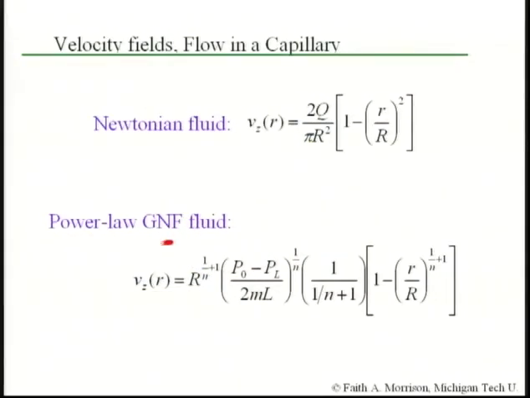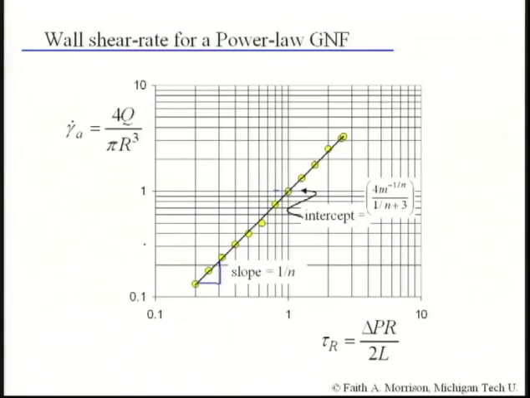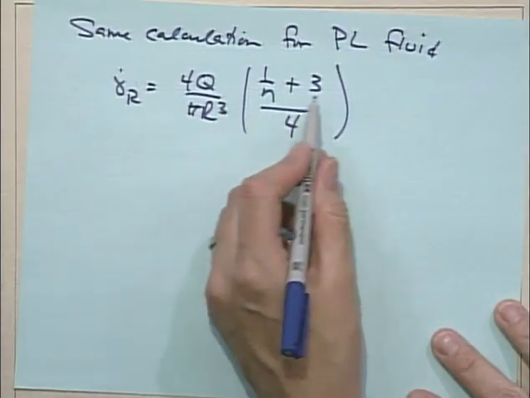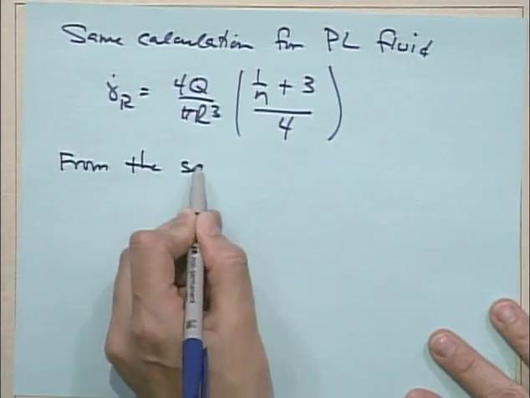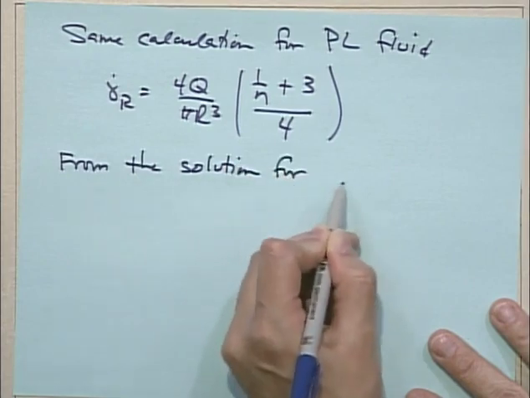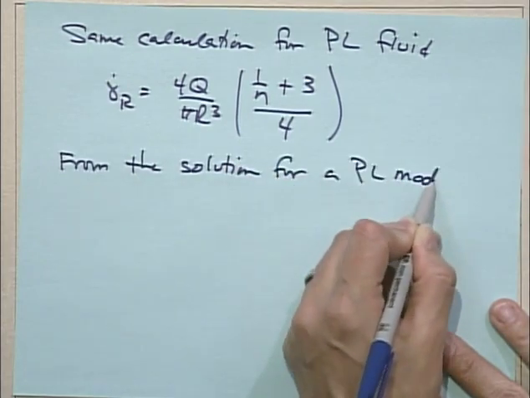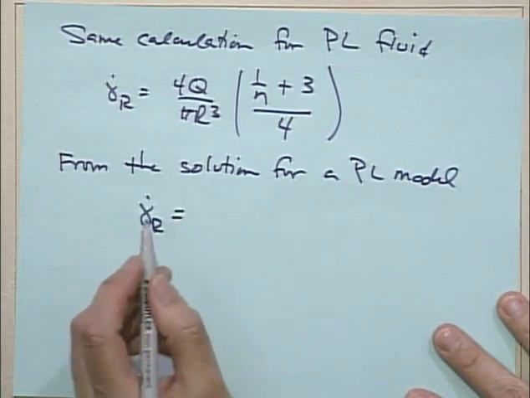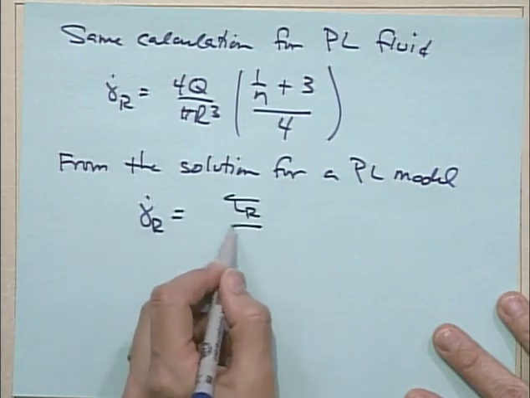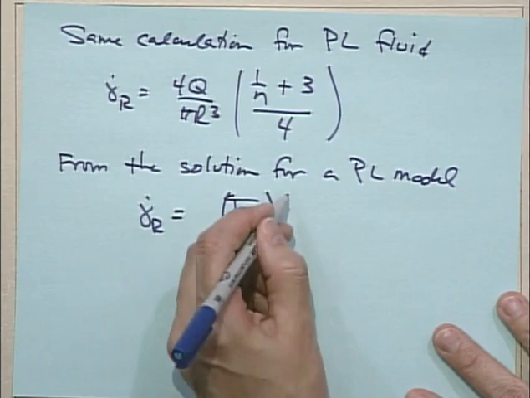Again, using the solution to the power law model, and the details are in the text, you can find that this quantity, 4Q over pi R cubed, from the solution for a power law model, is also equal to the wall shear stress divided by the consistency index raised to the power 1 over n.